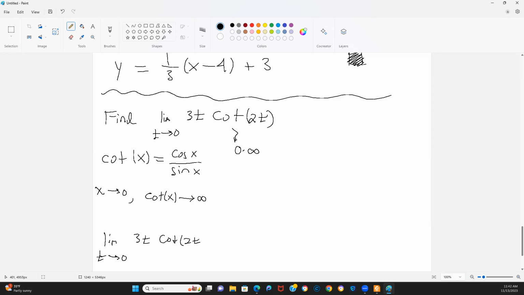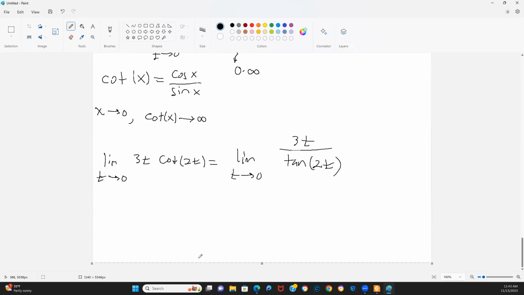I guess I would just write it as follows: 3t over tangent of 2t. And now you can note on the side that you get 0 over 0.